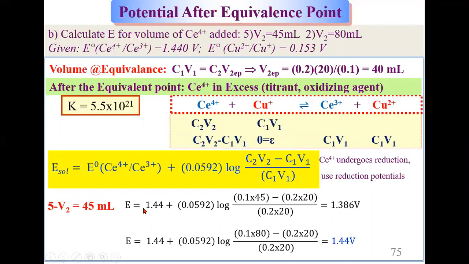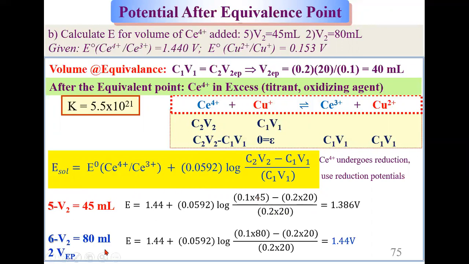And now it's a simple substitution at 45 mils added for V2, substitute 45 milliliters instead of V2. You have C1, you have C2, and you have the E naught. Get the E of my solution from the Ce reduction potential.